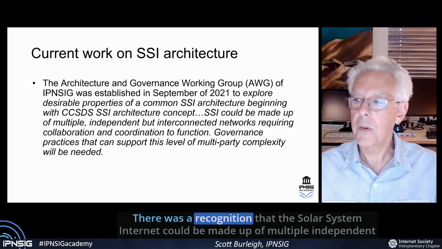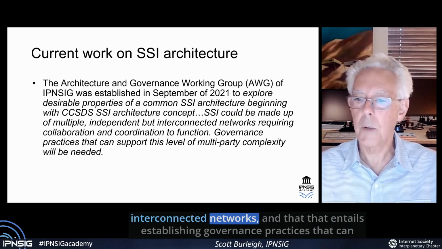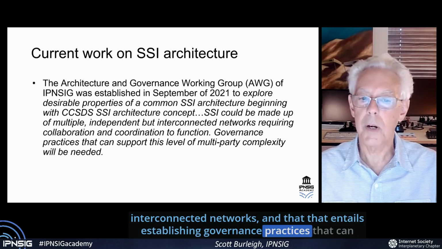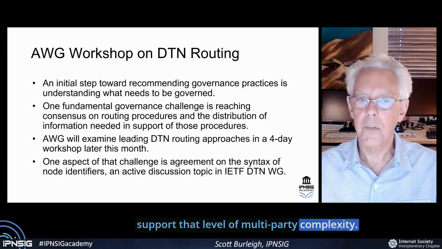There was a recognition that the solar system internet could be made up of multiple independent interconnected networks, and that entails establishing governance practices that can support that level of multi-party complexity.